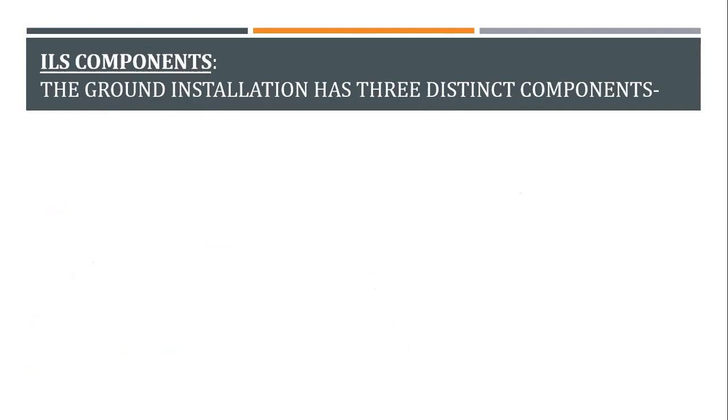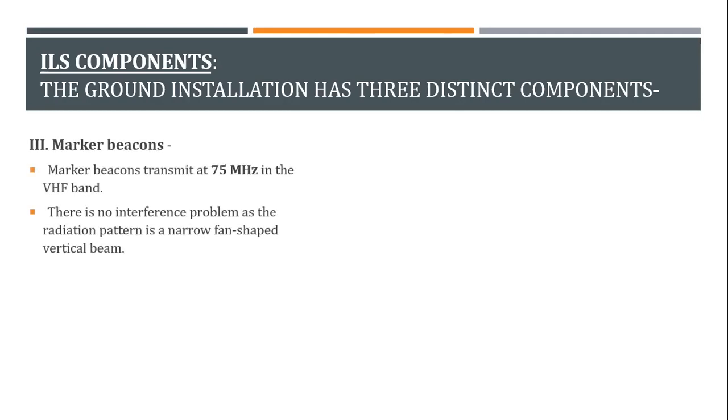Lastly, we come to the last installation, which is the marker beacons, which are not normally present in normal airports. But if you have a huge amount of traffic, then they are present. These are known as marker beacons. Marker beacons are just like a VOR or an NDB. They indicate the distance to you. Marker beacons transmit at 75 megahertz, that is the VHF band.